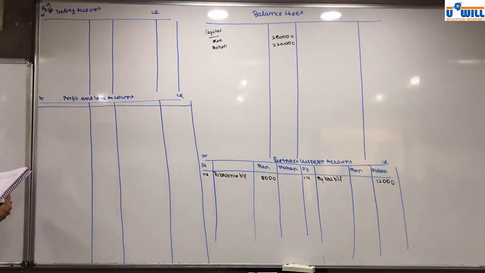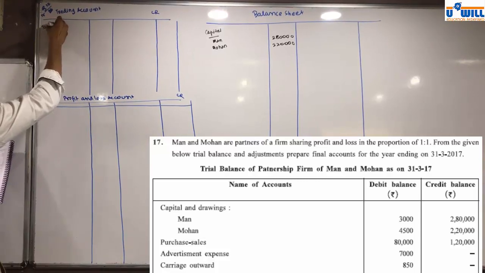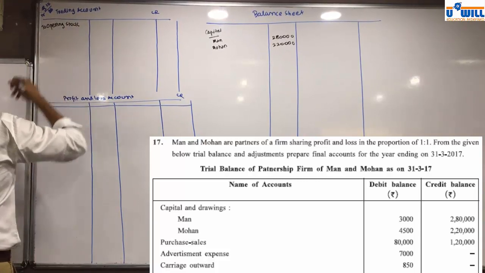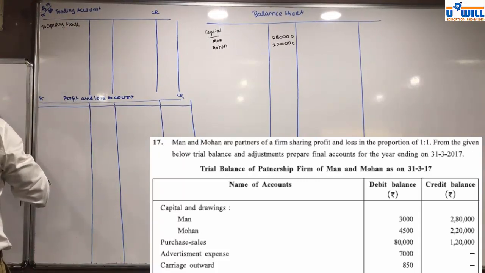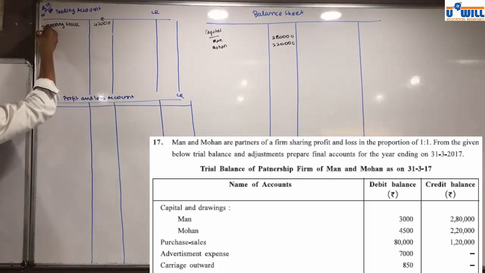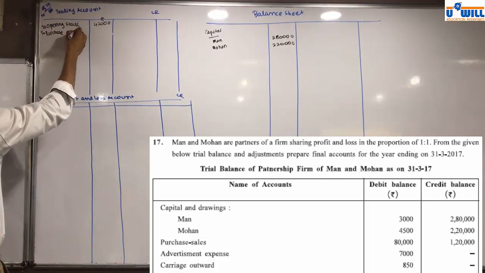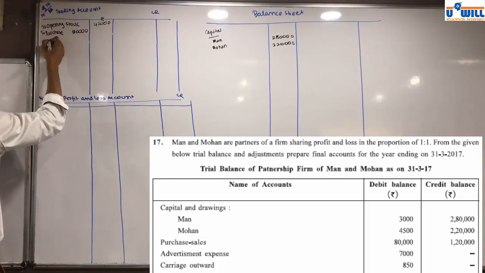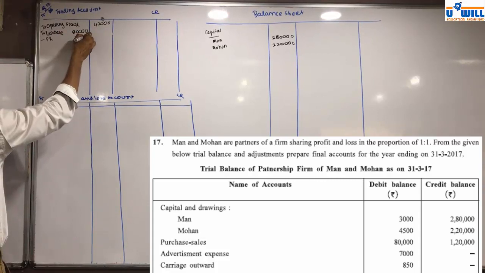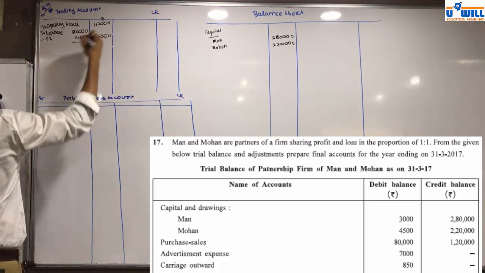Purchase and sales. Before we write that, to opening stock 42,000. To purchase 80,000, minus purchase return 14,000, 66,000.